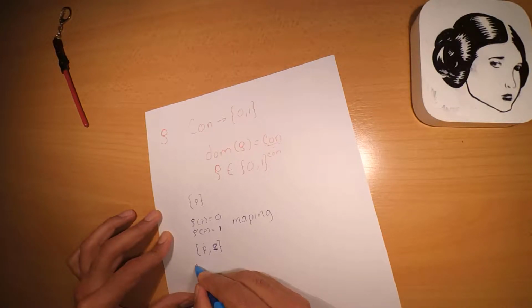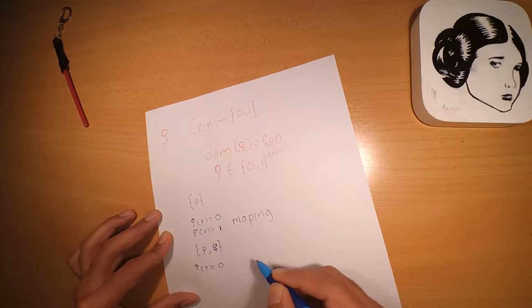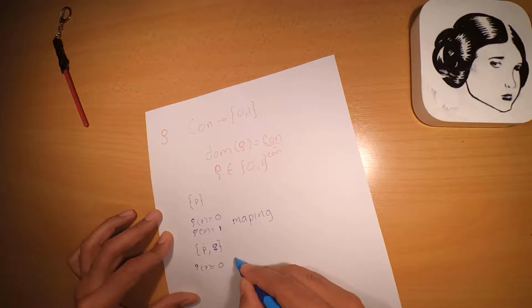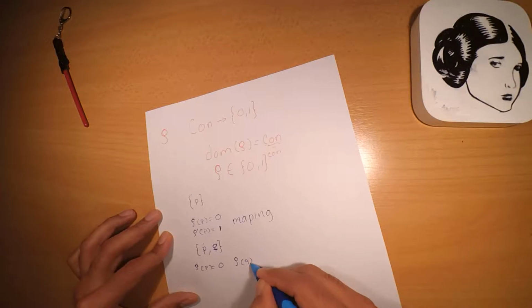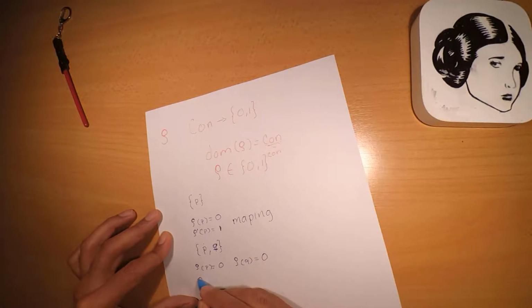Okay, so in the rho p, in the first mapping line, this is going to be equal to 0. But also in the rho that doesn't have any prime, that is at the first level, q is going to be equal to 0. Let's talk about rho prime.